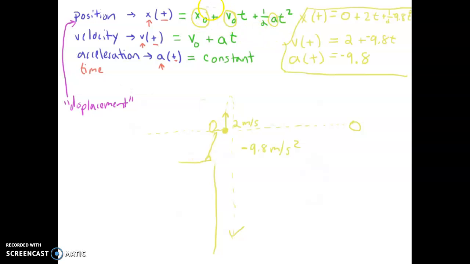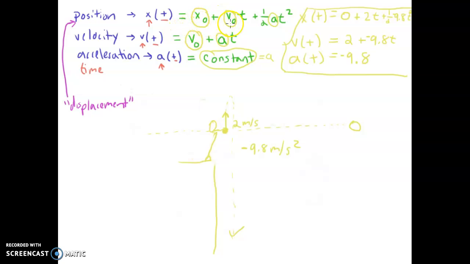For velocity, you need v naught and a, to get v of t. And to get acceleration, you need that constant, in other words, a. So for all of the equations of motion, acceleration is a good place to start, and then go to velocity and then go to position.